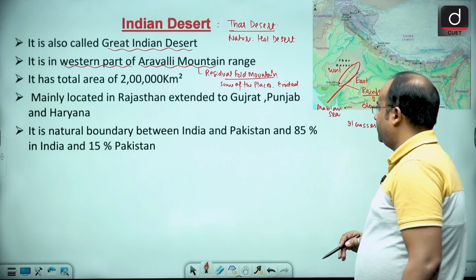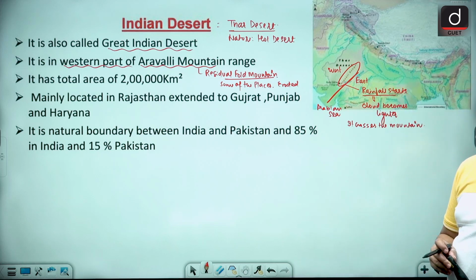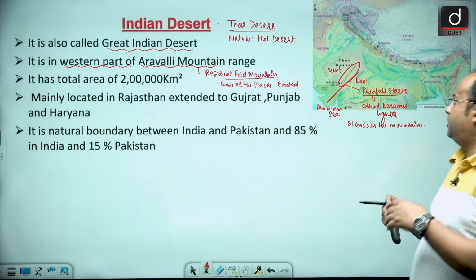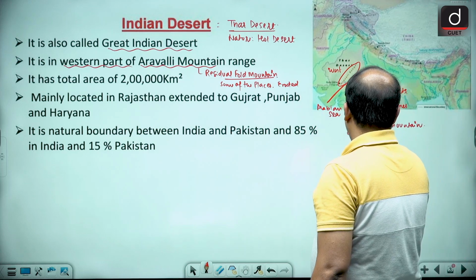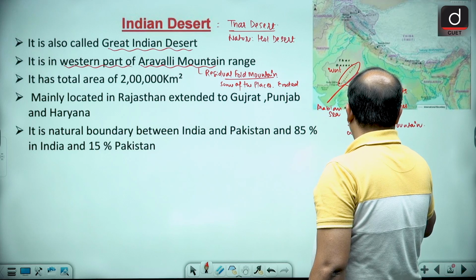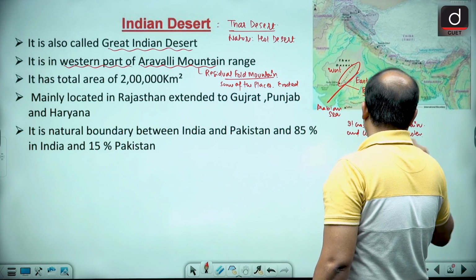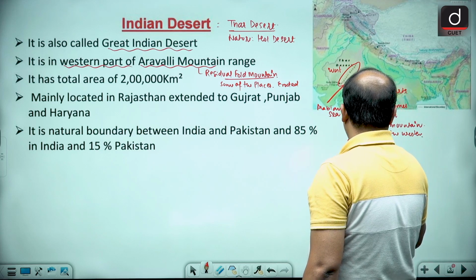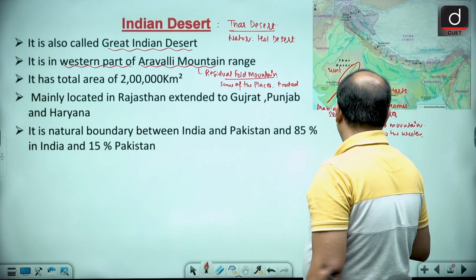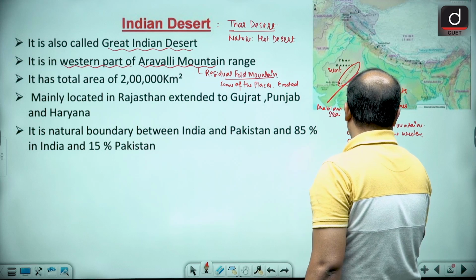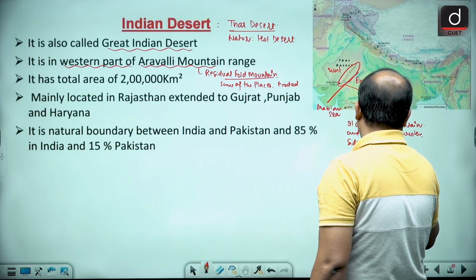It crosses the Aravalli mountain, my dear learners, and comes to the western side. And when it comes to the western side, it gives only a small amount of rainfall.